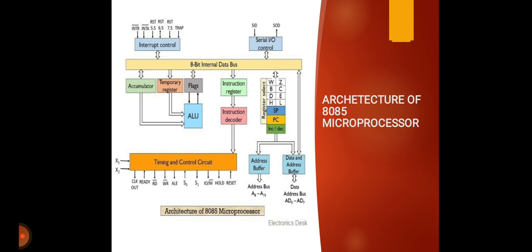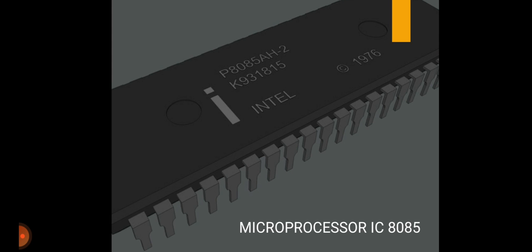This block diagram consists of an 8-bit internal data bus, interrupt control, serial I/O control, accumulator, temporary register, flags, arithmetic logic unit, timing and control circuit, instruction register, instruction decoder, then register select, address buffer, and data and address buffer. This is the microprocessor IC 8085 which is designed by Intel.